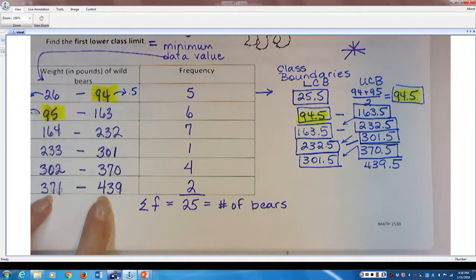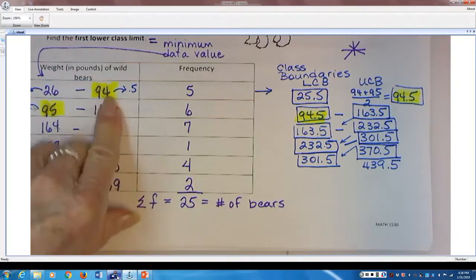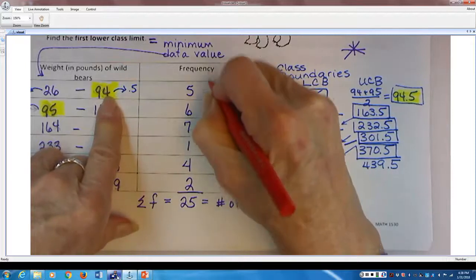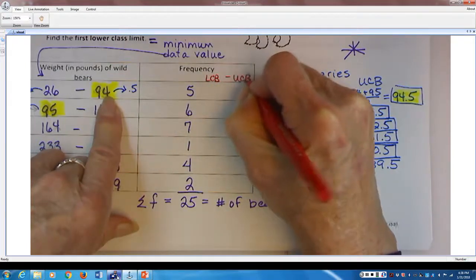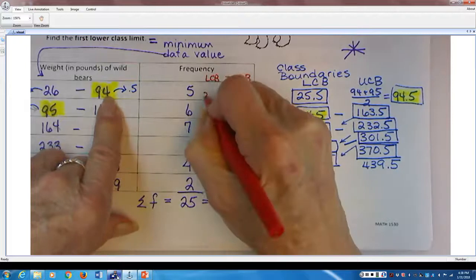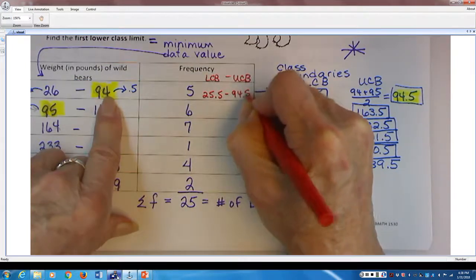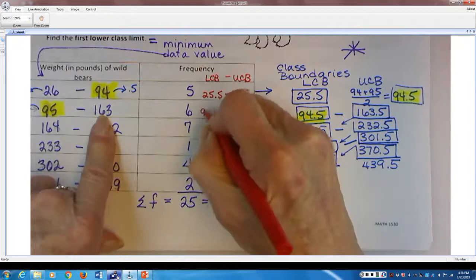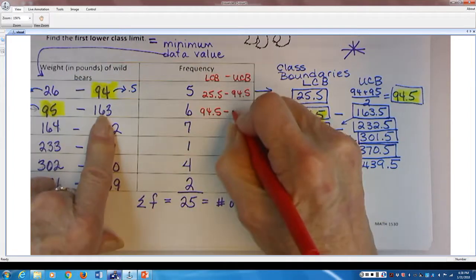Okay? So to make it a little bit clearer, because I know mine are a little bit jogged up there, this class goes $25.5 to $94.5. The next one goes $94.5 to $163.5.